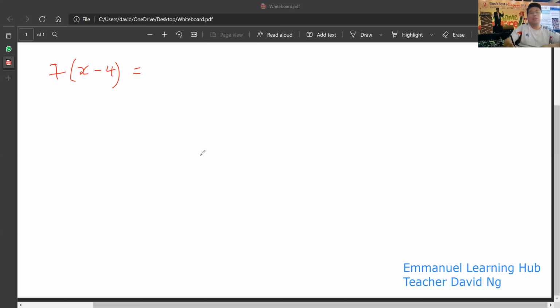You tell me the answer, because I need to verify you understand. Is it cannot expand? No, you can expand. Then you don't understand what I was showing earlier. Ax minus ab.